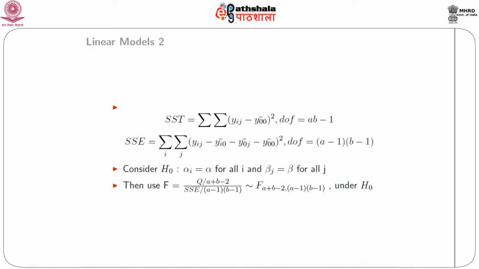Now, consider H naught: alpha i equal to alpha for all i and beta j equal to beta for all j. Then use F equal to that complicated expression which has got Q by a plus b minus 2 in the numerator and an even more hairy expression in the denominator, and this thing will follow F with a plus b minus 2 comma a minus 1 times b minus 1 degrees of freedom under H naught.